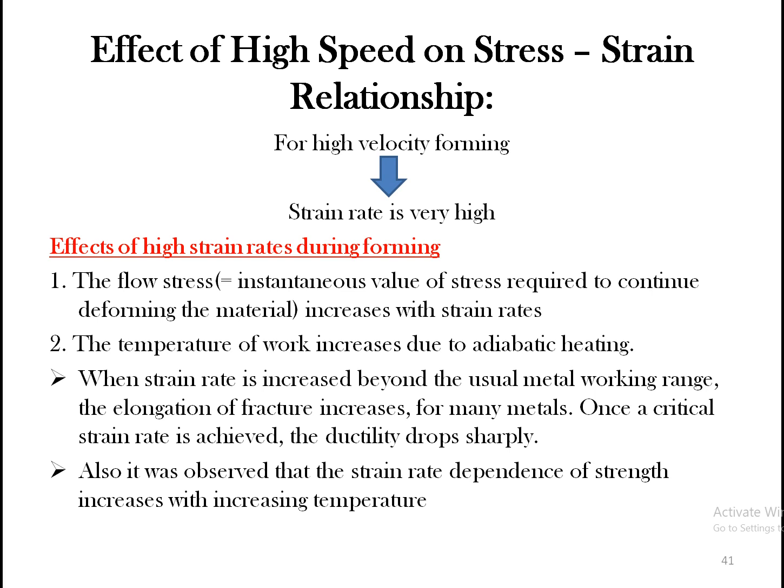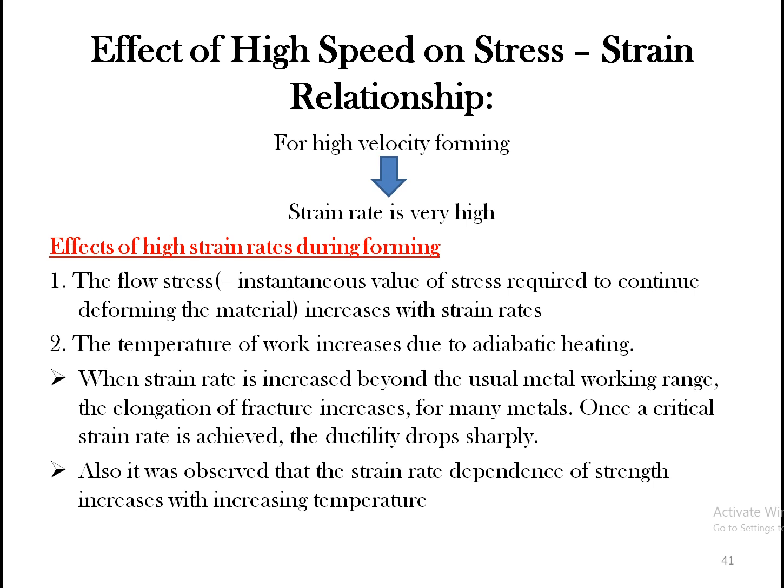But when this strain rate was increased beyond a certain limit, that is, when it reaches a critical strain rate, for most of the metals it was observed that the ductility, the material property, drops sharply, which is desirable for forming. The ductility drops sharply, and because of which it can be formed, right?